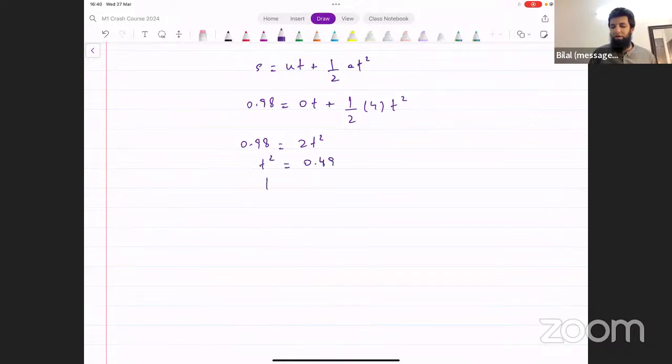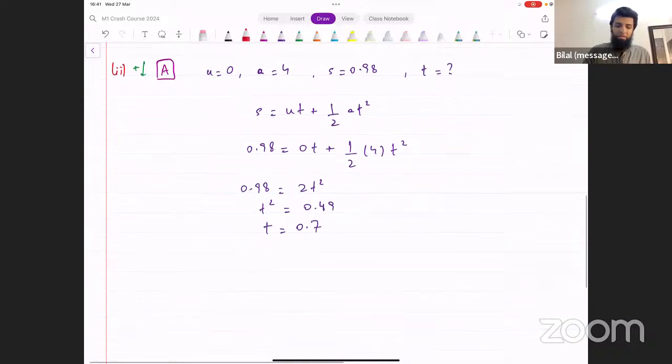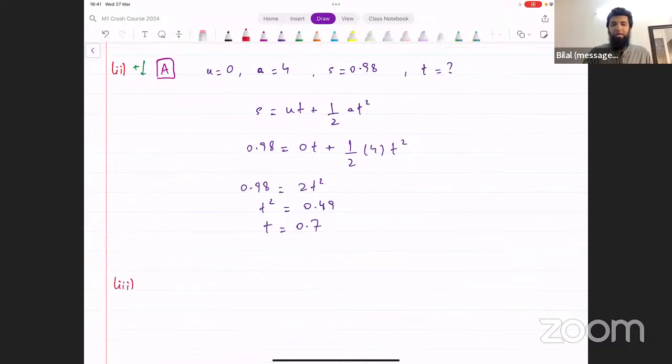And then square root of that, 0.7. Generally, whenever you take square root, you put plus minus, but in this case, since we're talking about time, it can only be positive. So time equals 0.7 seconds. Okay, so that's the second part. This is the time taken for A to reach the floor.